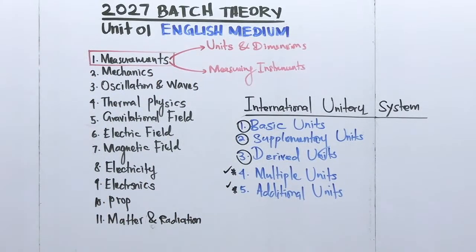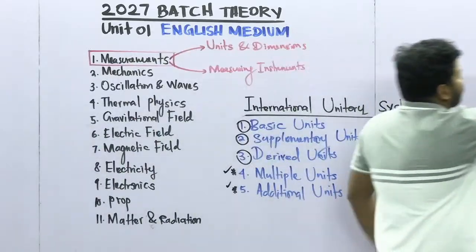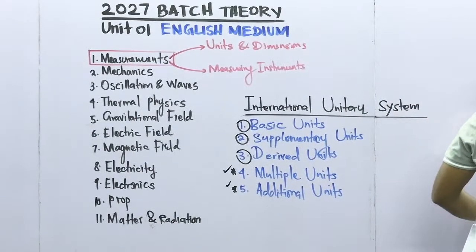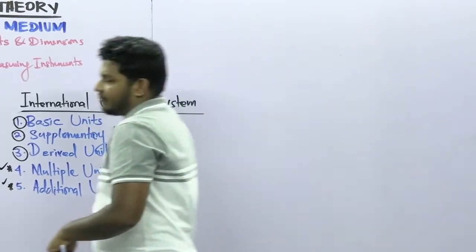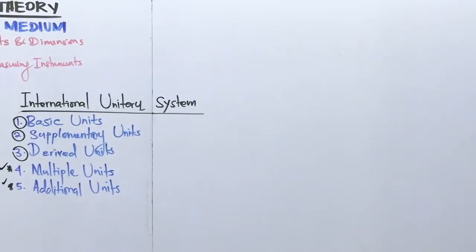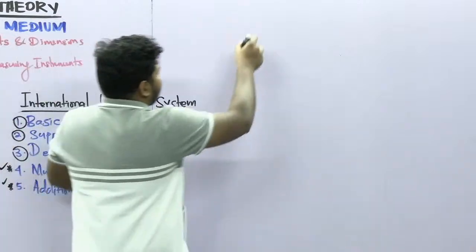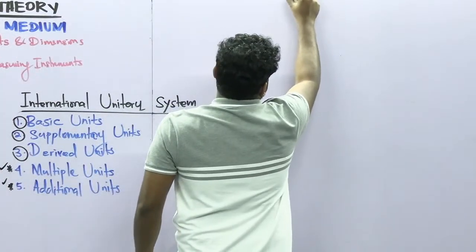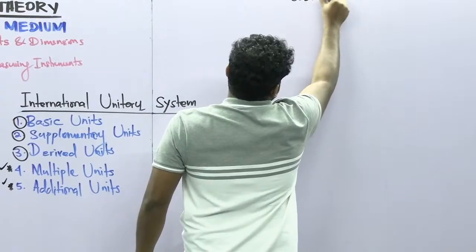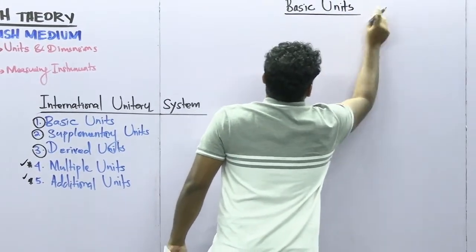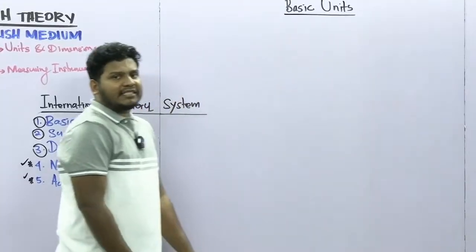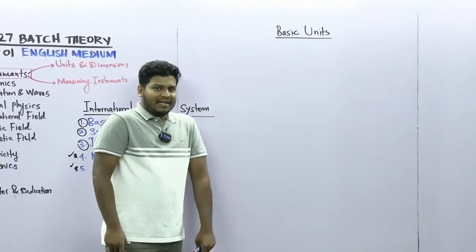I'm going to erase this one. Okay, right. So students, in basic units there are 7 basic units.